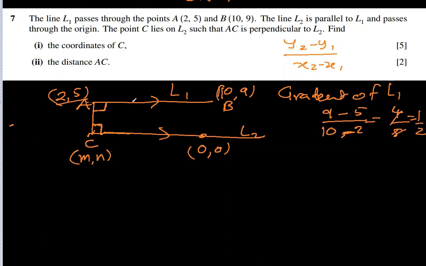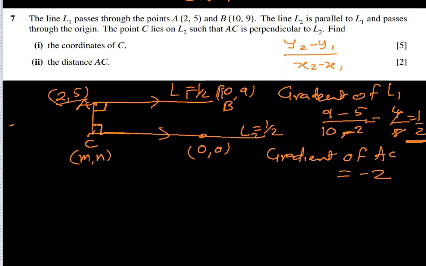So the gradient of L1 is half. The gradient of L2 will also be half, and that means the gradient of AC, which is perpendicular to both of them, will be the negative reciprocal of half, which is minus 2.